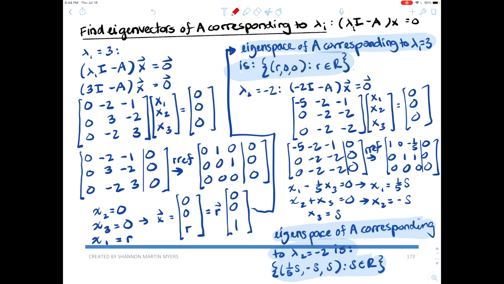I wanted to bring your attention here, just so you don't confuse the wording. As we learn, the eigenspace of A corresponding to some lambda is all the possible eigenvectors of lambda, which are non-zero, union the 0 vector. So technically this one is correct for eigenspace. All right, these eigenspaces are correct.